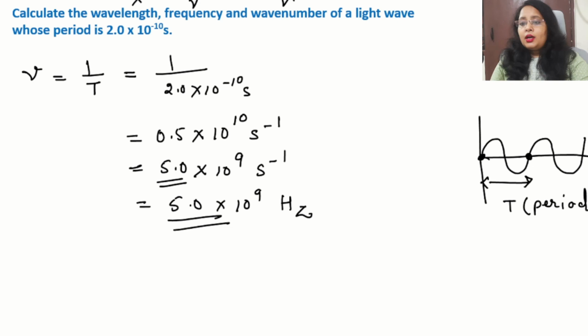Now come up to the wavelength. So wavelength lambda is equal to, we know that it is C by frequency, because we already learned that frequency is equal to C by lambda.